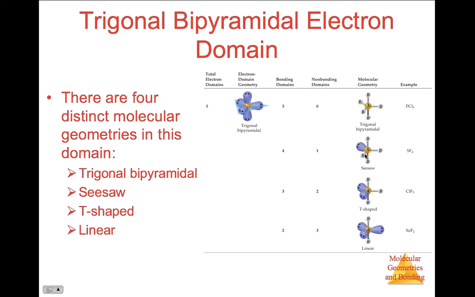If you lay it on edge, it would go teeter-totter, and be a seesaw. 3 bonded, 2 non-bonded, this is called T-shaped. Notice 90-degree bond angle here between the BAB. And 2 bonded and 3 non-bonded gives you a linear structure once again with the BAB 180-degree bond angle between the BAB here, with the entire equatorial plane void of any bonded domains of electrons. They're all non-bonded.